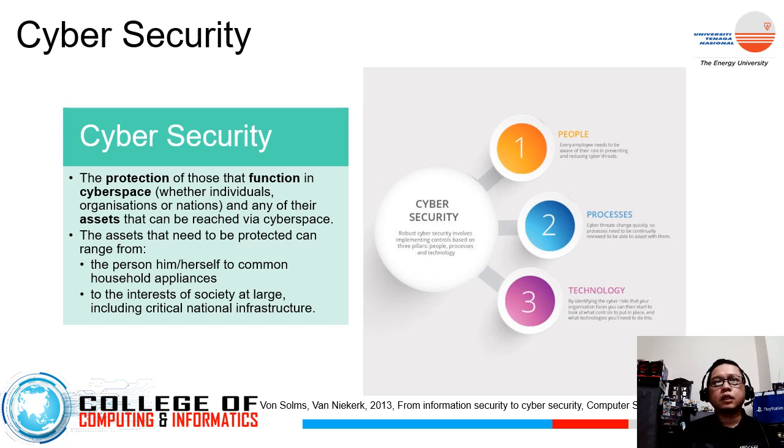So cybersecurity is anything that happens in cyberspace. This is with regard to people and the policy, for example, the processes that are involved, and the technology that's being used. So from the very get-go, you need to differentiate between cybersecurity and physical security.